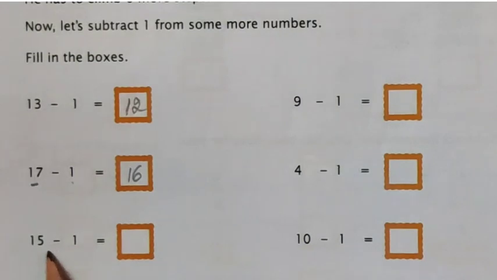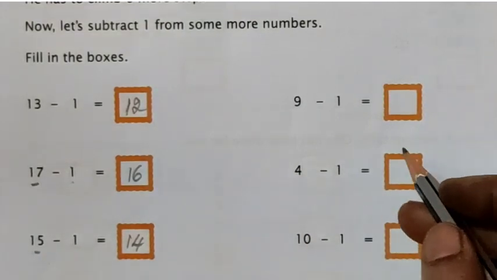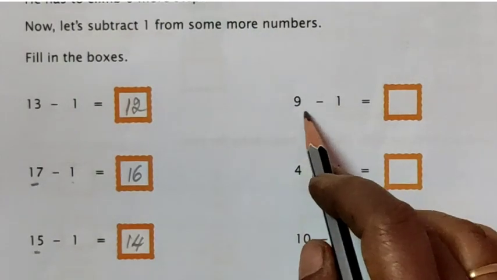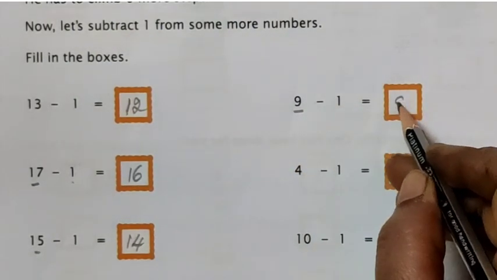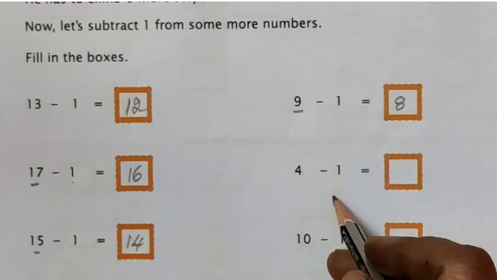Now 15 minus 1. What is the before number of 15? It is 14. Minus here means we are moving backwards. We are moving backwards, children. 9 minus 1. What is the before number of 9? It is 8.